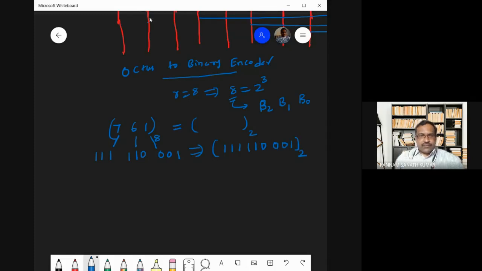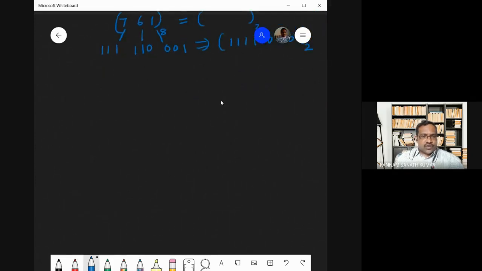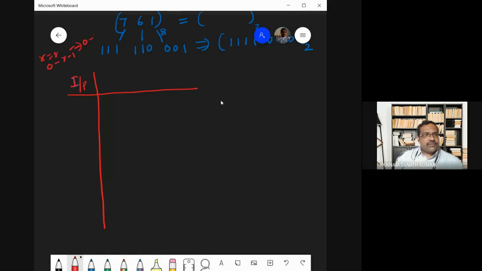So you need to design an encoder, that is the octal to binary encoder. Let us consider the input. Octal means radix is 8, so 0 to r minus 1, that means it has values from 0 to 7 only: 0, 1, 2, 3, 4, 5, 6 and 7.